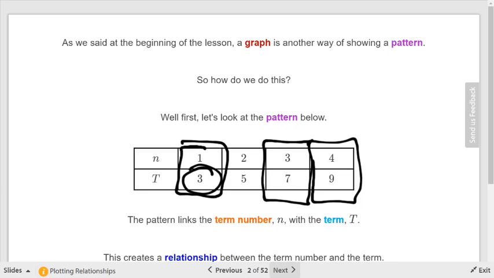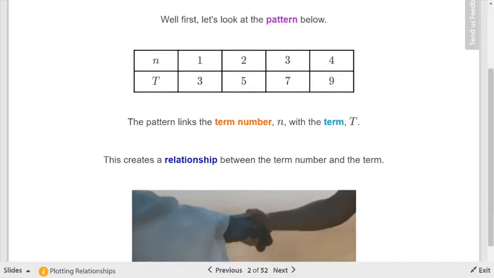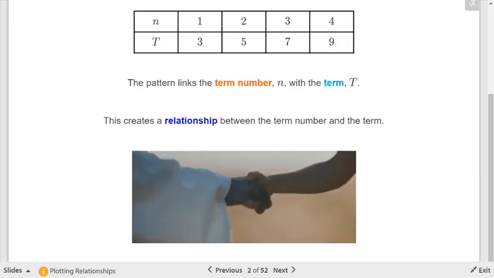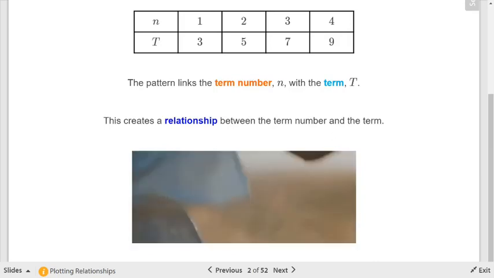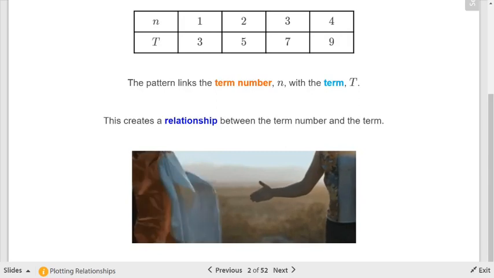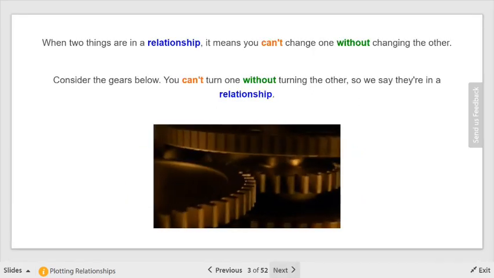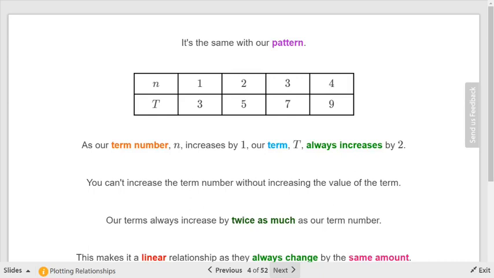They have to be together, okay? So you need to make sure that you're not changing the pattern when you're working with these. There's a relationship between the number of the term and the term itself, okay? So don't have one without the other. They have to be the same, okay?